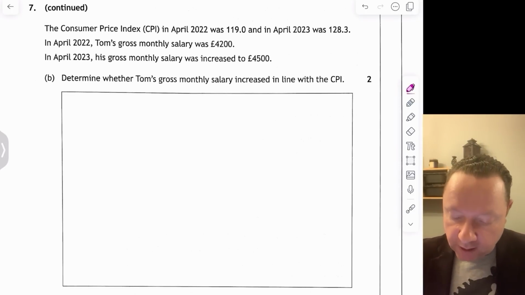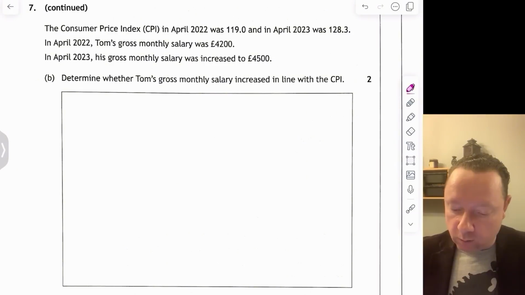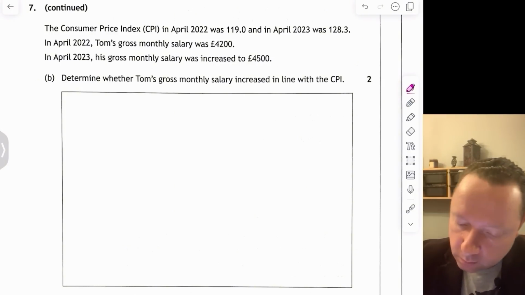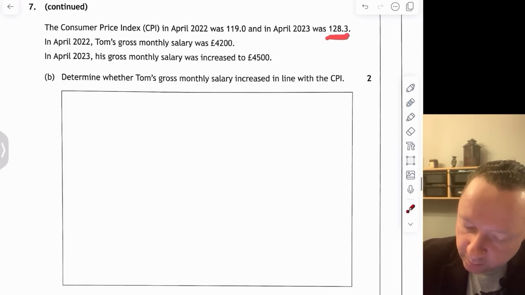Okay, question 7 continued. Part B, the consumer price index in April 22 was 119.0 and in April 23 was 128.3. Tom's gross monthly salary was 4,200 in 2022 and in 2023 it was 4,500. Determine whether Tom's monthly salary increased in line with the CPI. So how you do these is, there's a CPI for the two places.